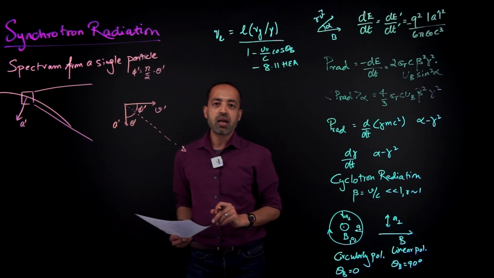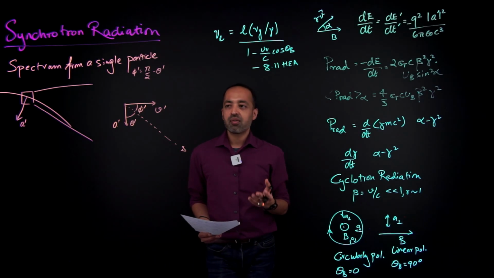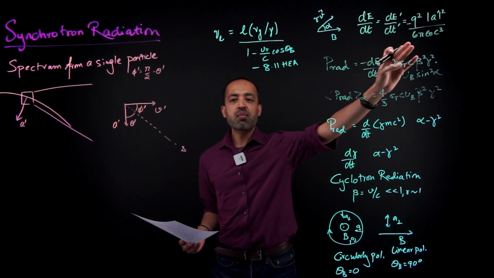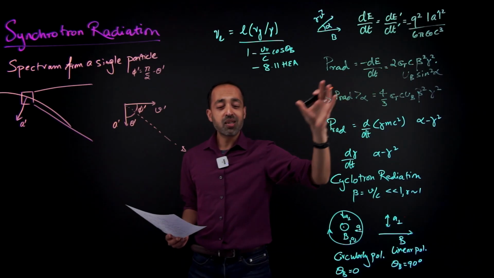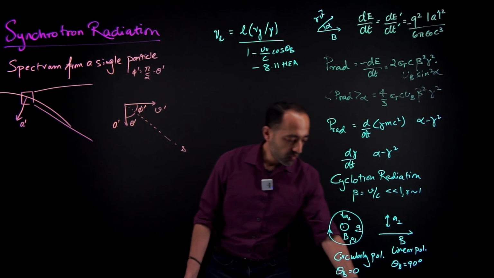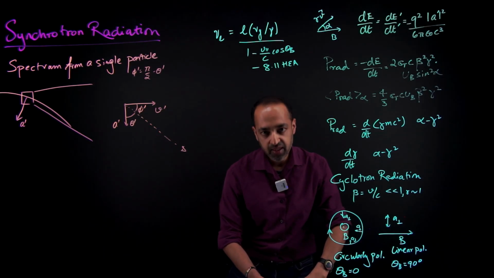So what is that angular distribution of the radiated power? You may have come across this, or if you're taking this as part of a course, you will have seen this. That comes about at the same time as when you look at the Larmor formula. That formula tells you the total power, but there's also an angular dependence. And that angular dependence of the intensity has a sine squared theta dependence.